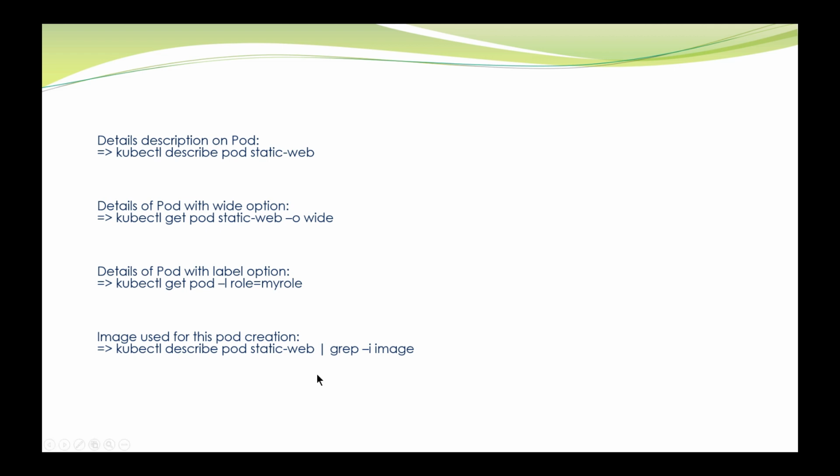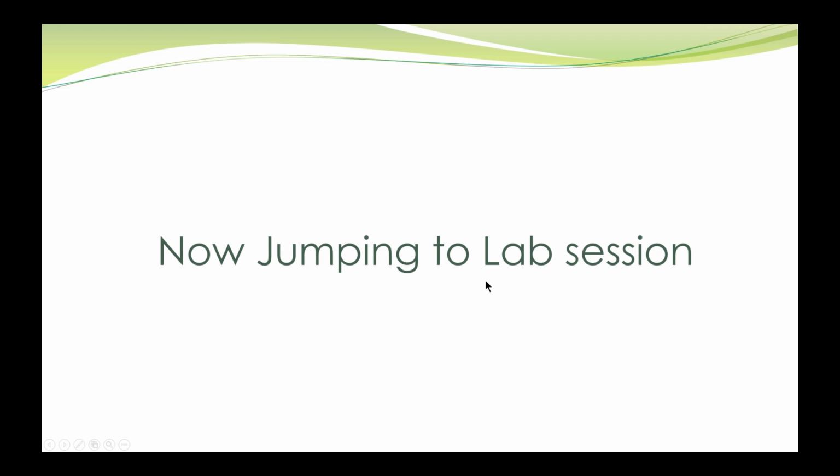For the image, you can get it from describing the pod also, or if you want only the image information, you can use the grep command also. With the -i, it will provide you the image information used in the pod while creating the pod in a particular node.